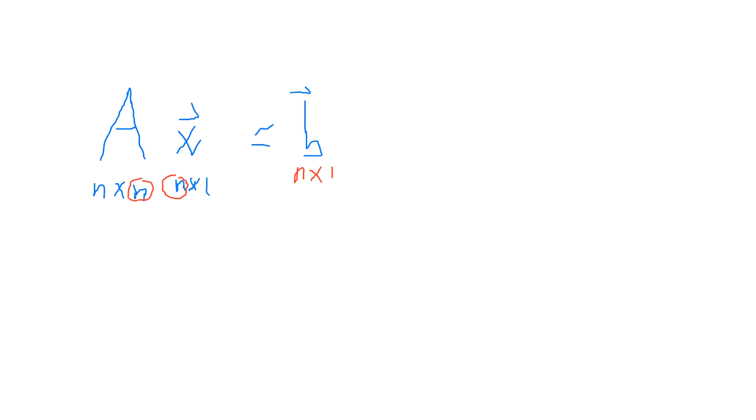But now look, what we're going to do here is the following. We're going to take A times X, and we're going to multiply it on the left by A inverse.